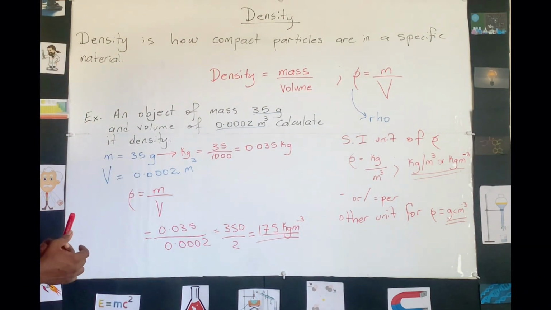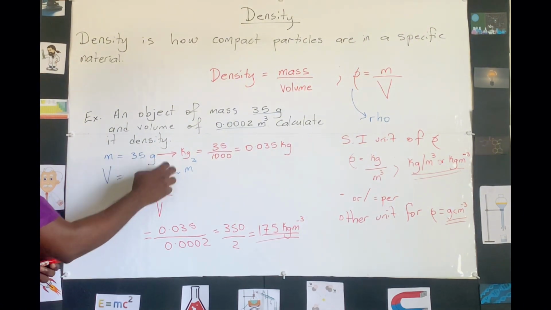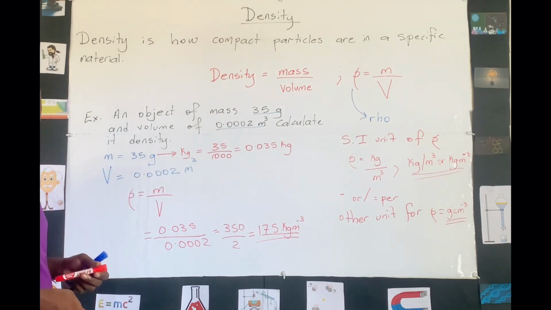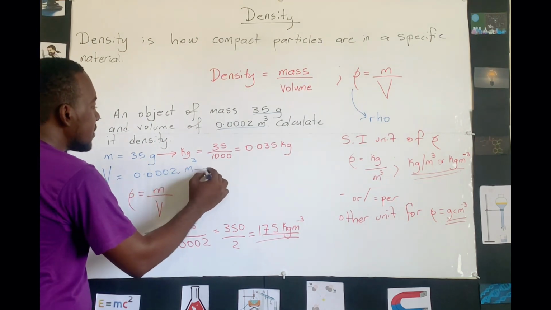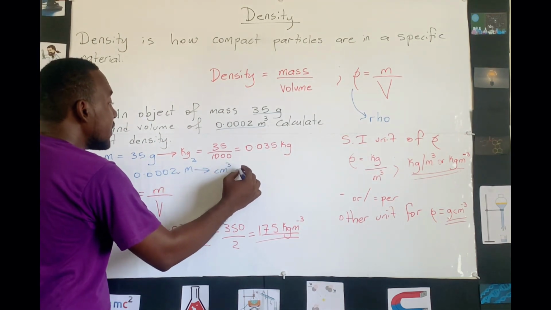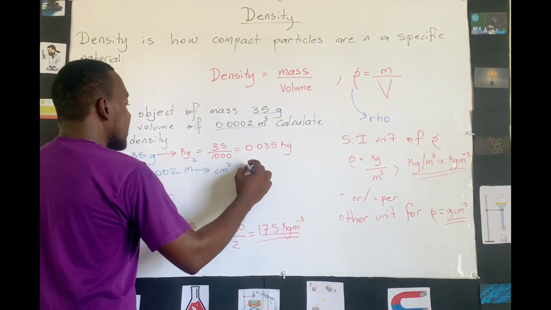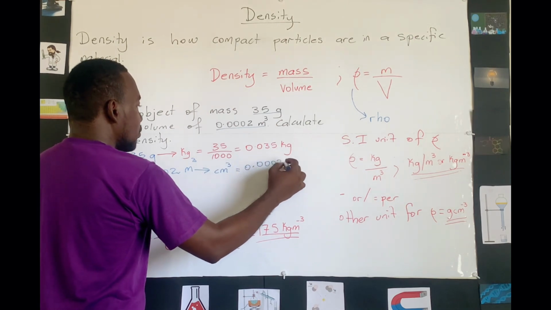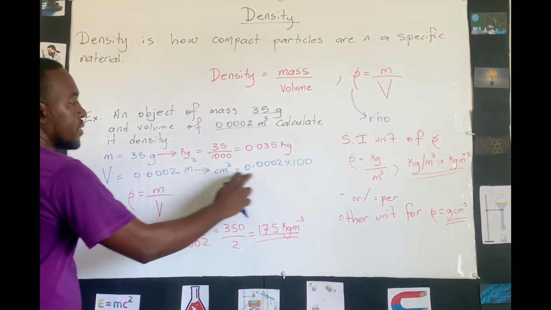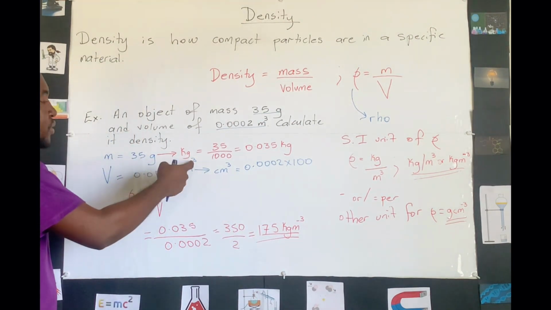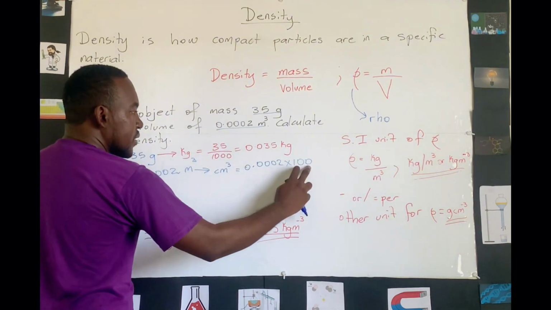Now, let's say we wanted, instead of changing this gram to kilogram, to change the meter cube to centimeter cube. So in that case, to change this to centimeters cube, this is where students get mixed. Students would do this, 0.0002 times 100, because they're saying meters to centimeter is 100, but this unit is meter cube to centimeter cube. So just like when it's just meter to centimeter, it's 100.